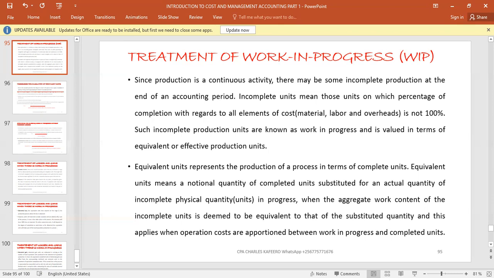We try to look at how it will be in terms of the completed units.